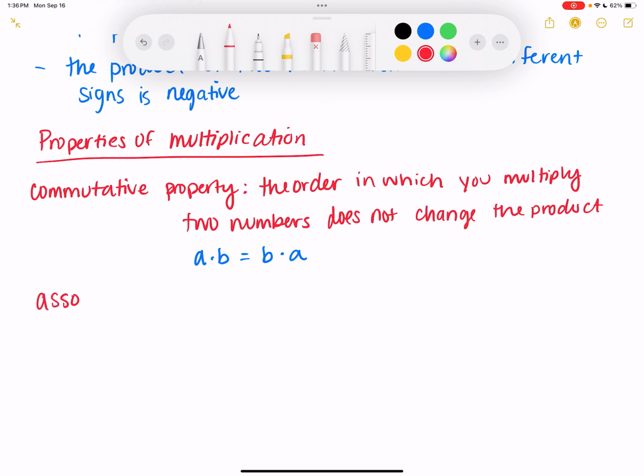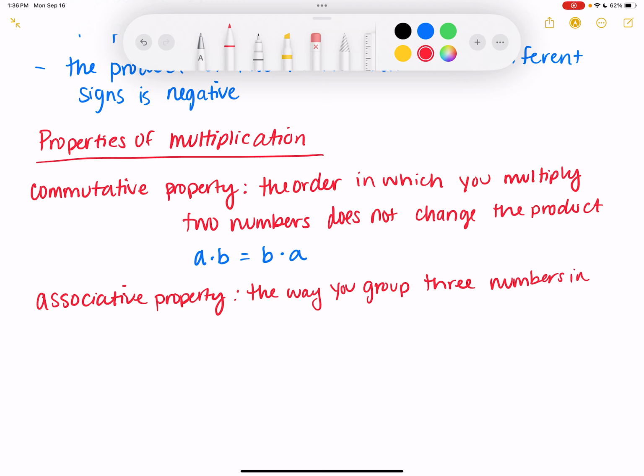The associative property: the way you group three numbers in a product does not change the product.